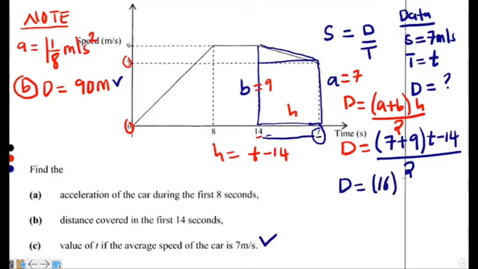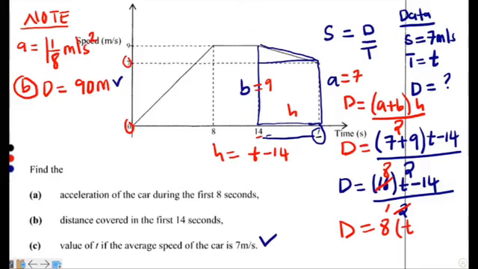Then we have t minus 14 divided by 2. So we can say d equal to, 16 divided by 2 is 8, so we have 8 in brackets t minus 14.